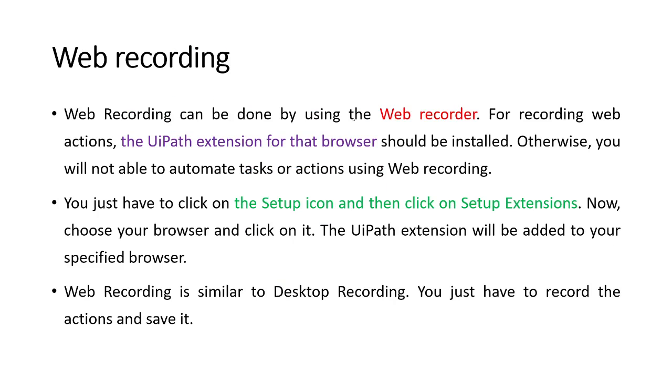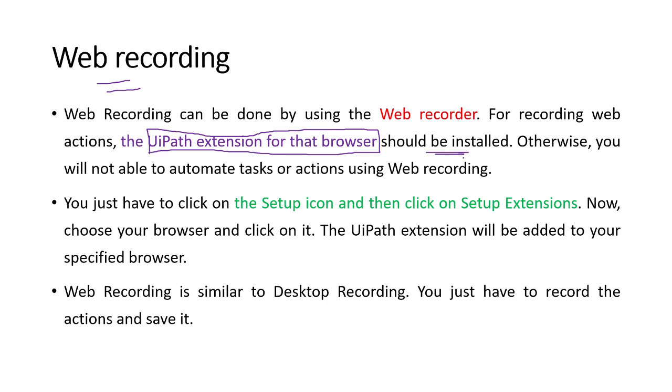As the name itself says, this will be used by an RPA developer to record the actions performed by a user on web applications, right? And we already have learned that in order to work with web recording, you should make sure that the UiPath extension for the browser you have focused on has to be installed, right?